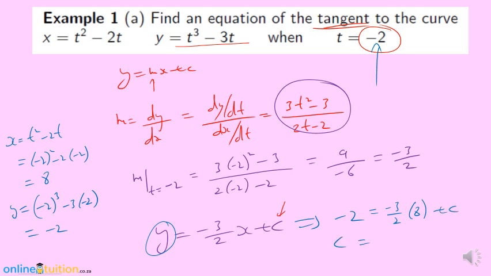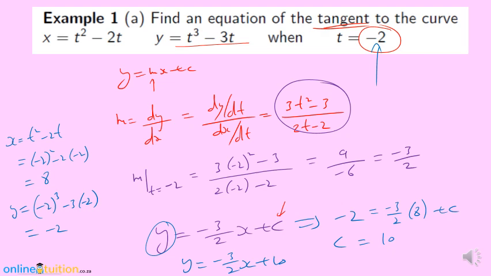So 2 goes into 8 four times, that's minus 12, which goes on the other side. Minus 2 plus 12, c is 10. And finally, we end up with the equation of the tangent as y equals minus 3 over 2 x plus c, where c, you notice here, is 10. And there's your 2 marks.